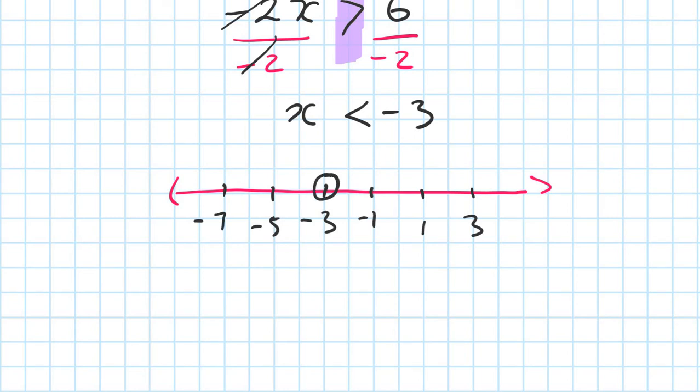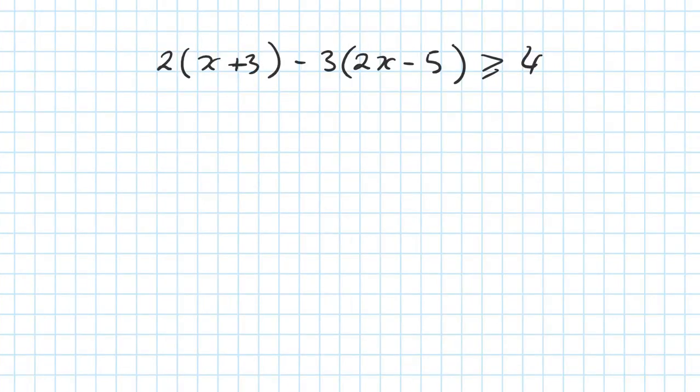Correct? And then I circle negative 3, and because it's less than negative 3, we just move this way. That's all. And you cannot fill up the bubble because it's less than. So that's how to solve these kinds of questions.